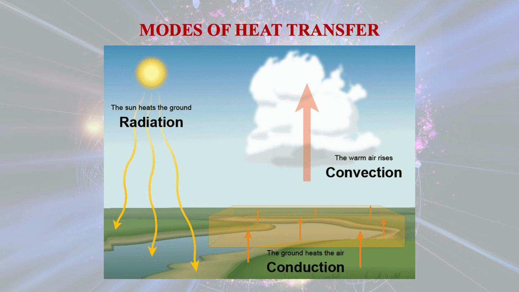But on the surface of the earth, if you keep any object, that will also be heated, and that is due to heat transfer by conduction. Now the air which is very near to the surface of the earth is also being heated because of conduction.